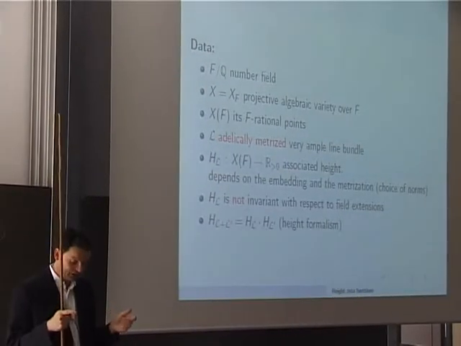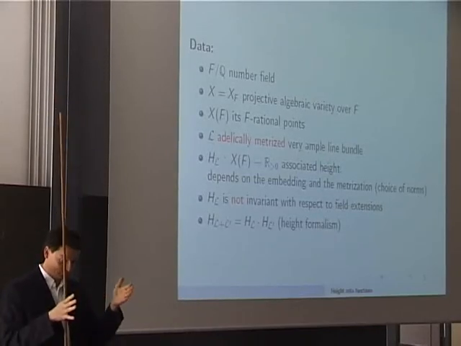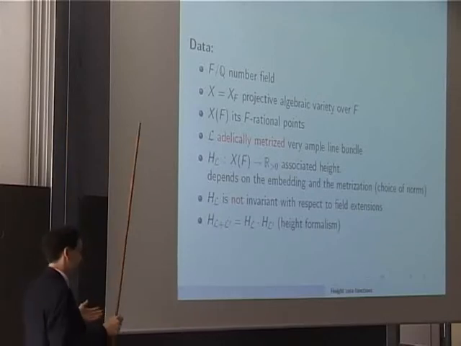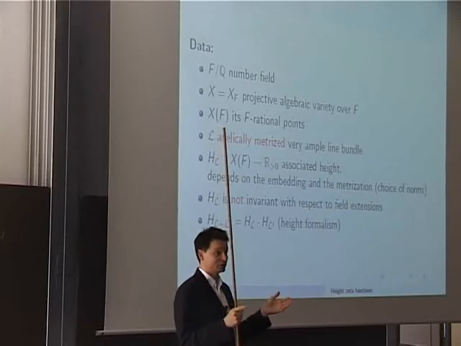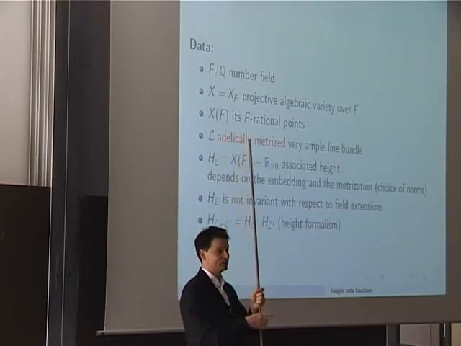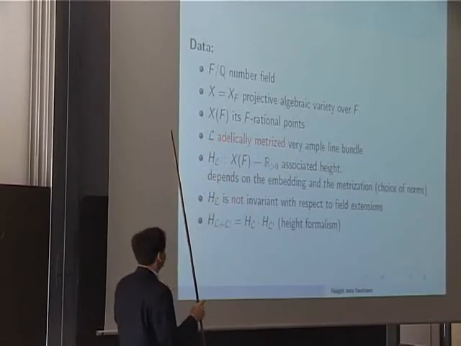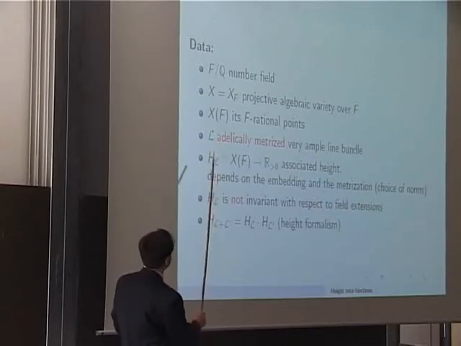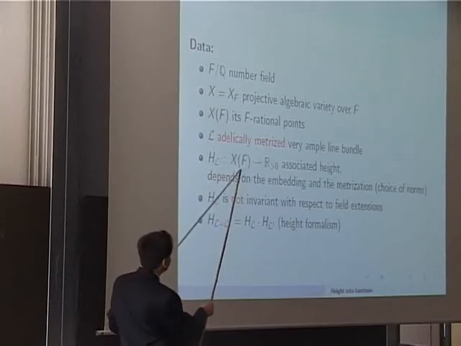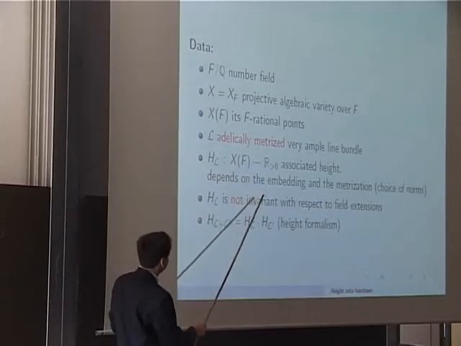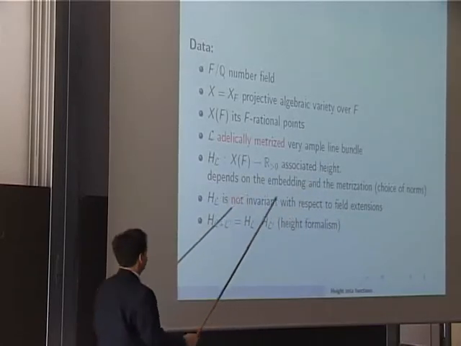After choosing bases in the space of global sections of our very ample line bundle, we have coordinates x0 up to xn, and then as we wrote down yesterday, a height is just the maximum of the coordinates, or the product over all v of the maximum of the xjv, and then you can change it at finitely many places, and that is a notion of an adelically metrized line bundle. This is an adelicization, if you like. So we have a height. Over the rationals, just maximal coordinates. It depends on the embedding, and it depends on what you choose at finitely many places. The norms: square root of the sum of squares, or maximal coordinates.